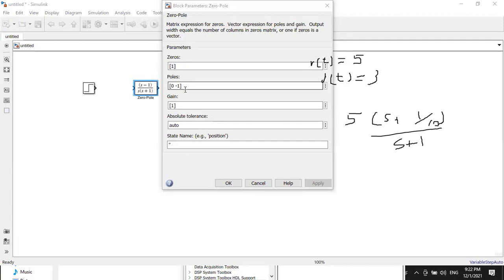So we can put the gain first, this one gain 5. The bottom pole is plus 1, so it has to be just minus 1. And the numerator has to have a zero. It should be a plus 1, so it has to be minus 1, okay. You apply this, you will get that format.